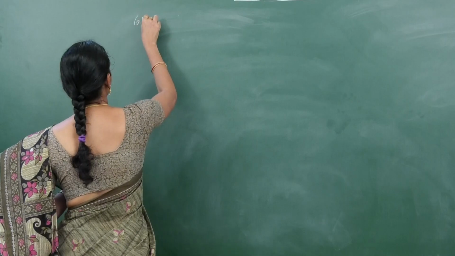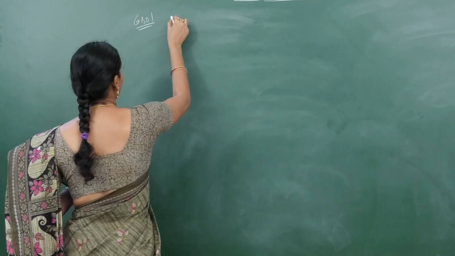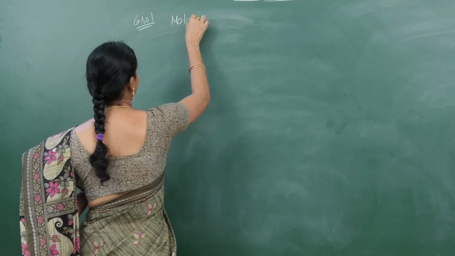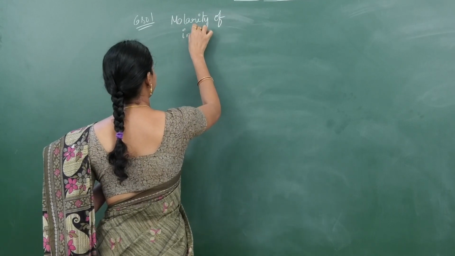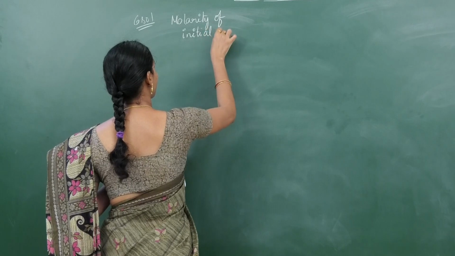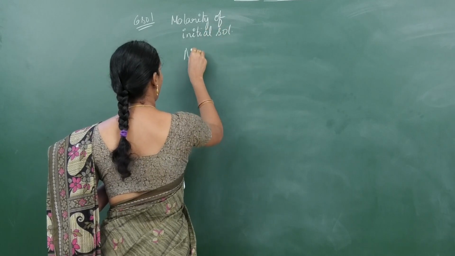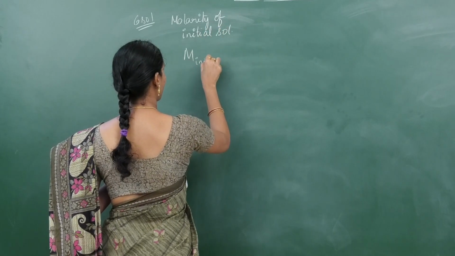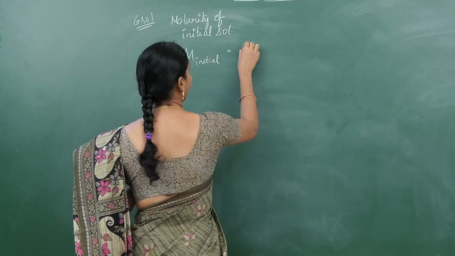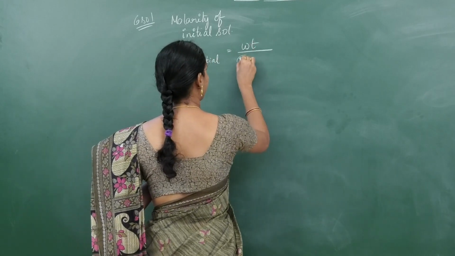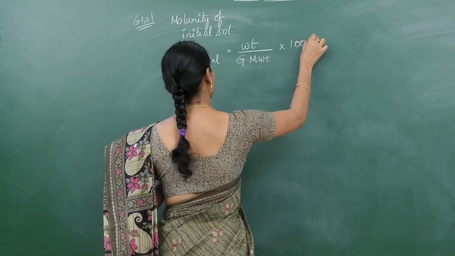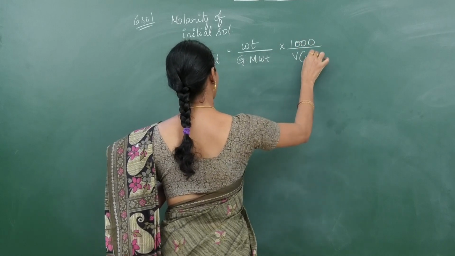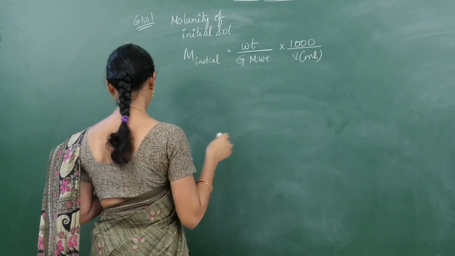So, the sixth solution: first you have to find the molarity of the initial solution. Molarity of initial solution is equal to weight by gram molecular weight into 1000 by volume in ml, because the weight was given in grams.